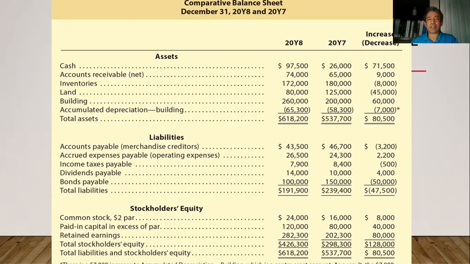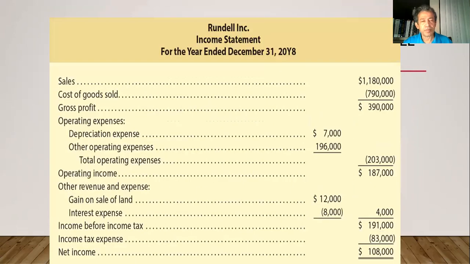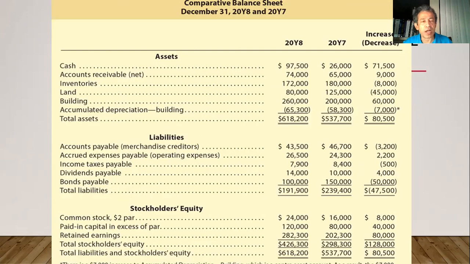Okay. The next item would be payment for purchases, but we need to find purchases first. So our purchases would be equal to COGS, cost of goods sold, which is $790,000. With COGS, we adjust for inventories. So let's see whether inventory has gone up or down. Inventory has gone down. So if inventory goes down, that means we purchase less.